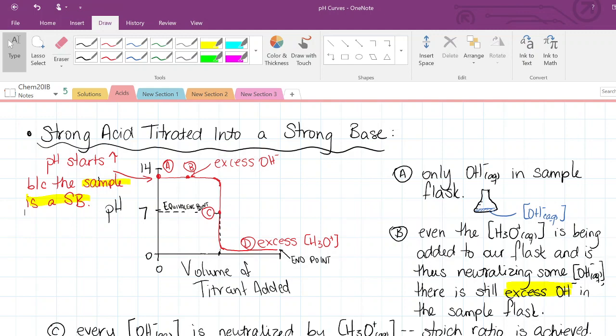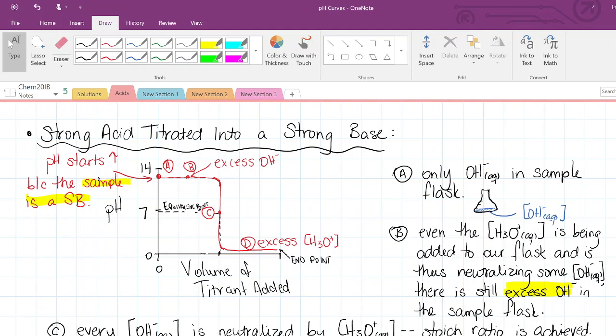Even though the hydronium is being added, it's pretty much being neutralized, turning into water right away, because there's plenty of hydroxide in the Erlenmeyer flask, and after it neutralizes that hydronium, there's still excess hydroxide. So the pH is still going to be very, very high. There's not going to be a very big change in pH at this point.